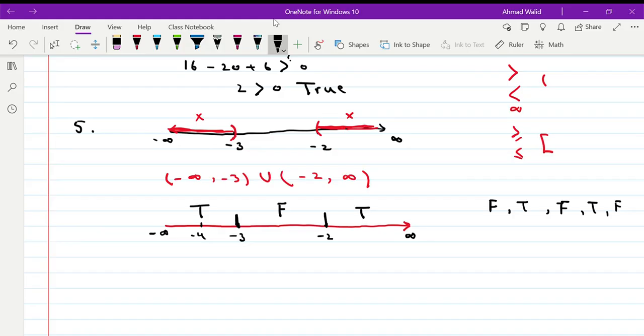You don't need to plug in a number from each interval to check. But remember, I told you, it works only, 100%, for polynomial functions, not for rational and other types, correct?